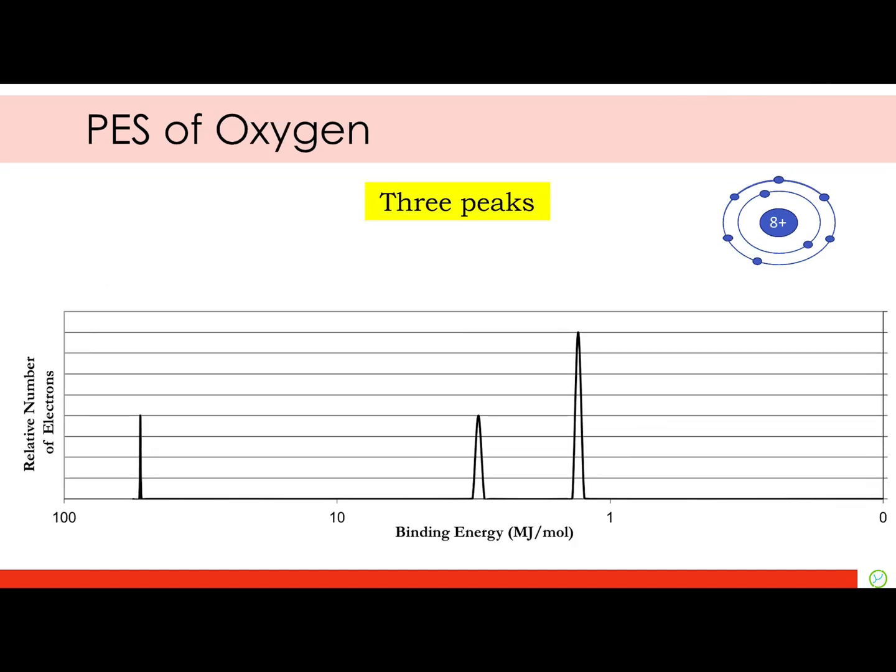Okay, oxygen would be a 1s2, a 2s2, a 2p4. I think we should have by the time we get to oxygen, and hopefully you can see that then. This is my 1s2, this is my 2s2, this is my 2p4.